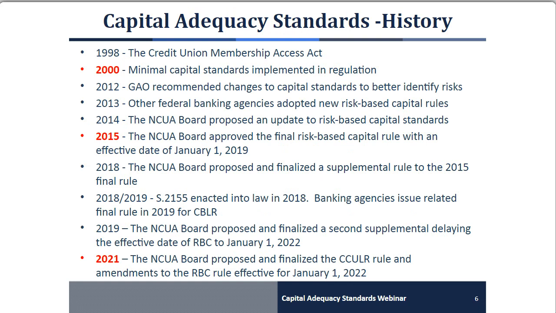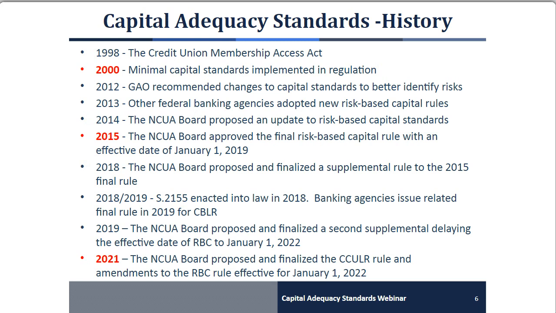Before we get into the capital adequacy standards, it is important to understand the history of NCUA's regulatory capital framework. I will not review each milestone in the slide, but have highlighted 3 for the purposes of this webinar.